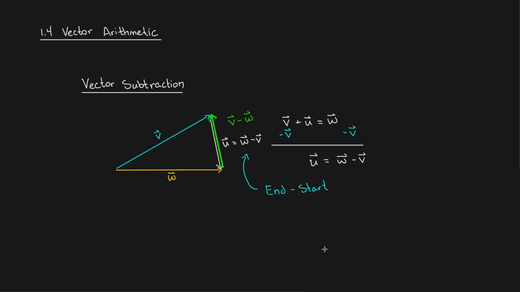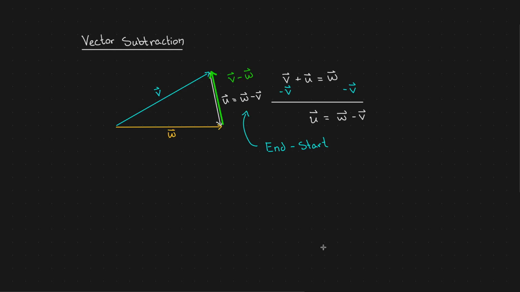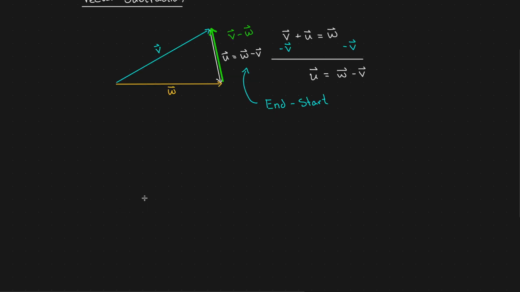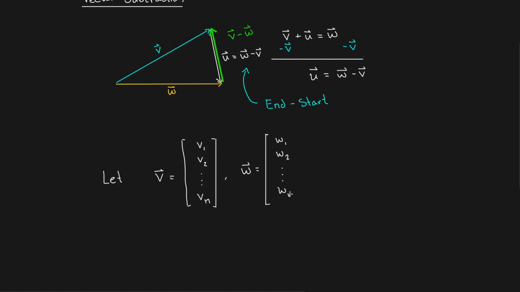The actual computation is what you would expect. Let's let v equal v1, v2, all the way to vn. And let's let w equal w1, w2, all the way to wn.